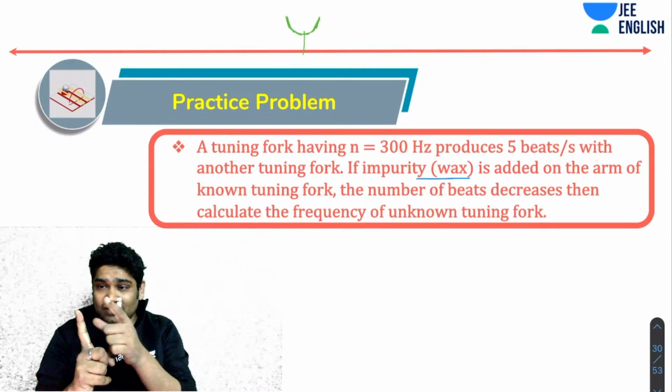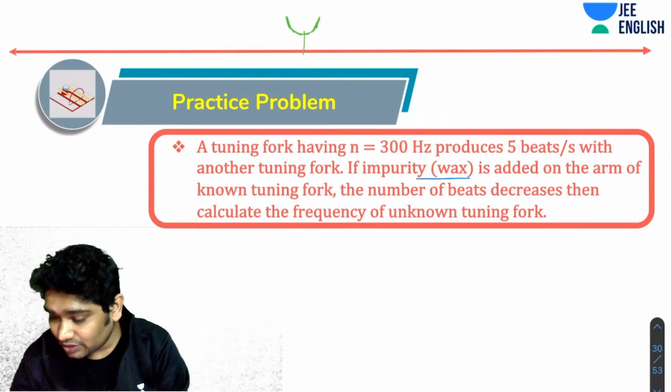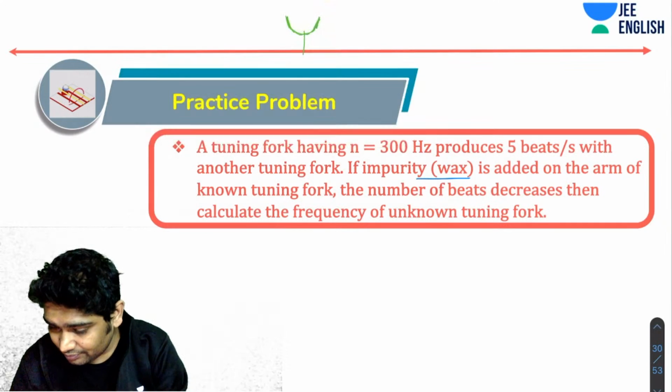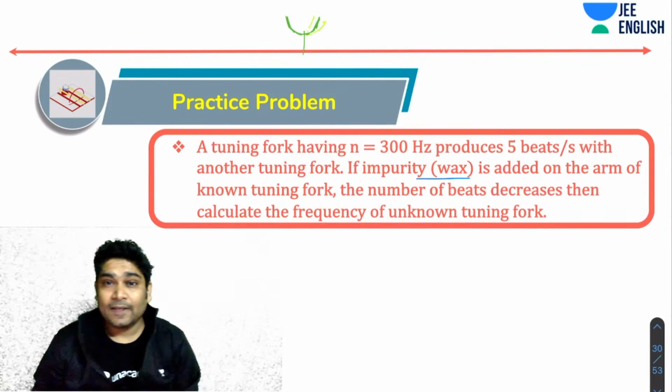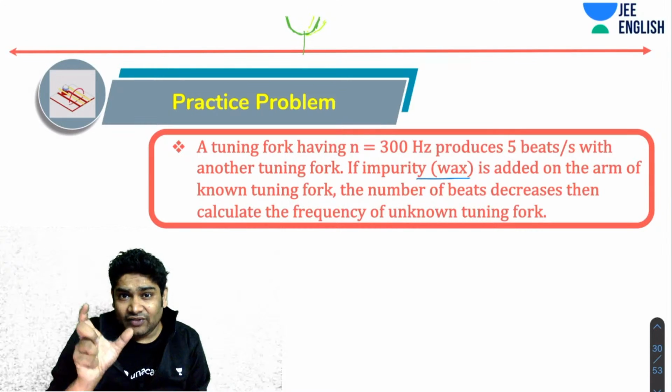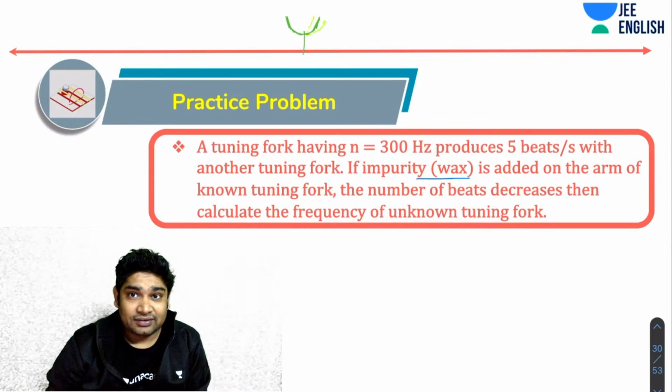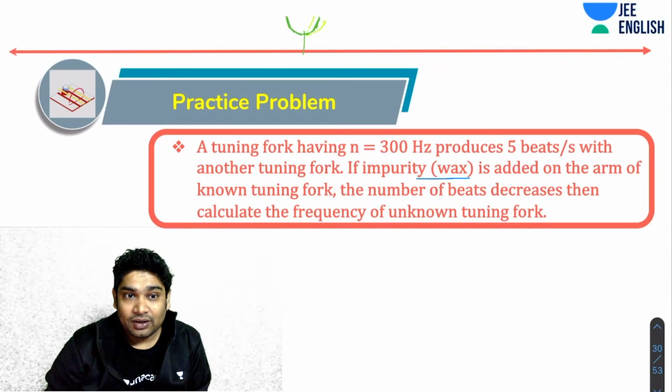So it has one free end, and this is the fixed end. It is a piece of metal which can produce standing waves. So usually it vibrates in its fundamental frequency.